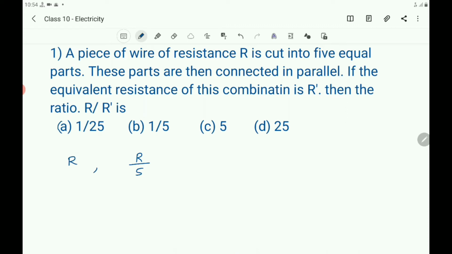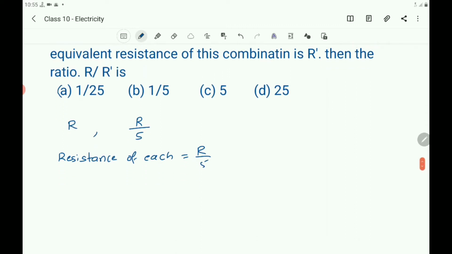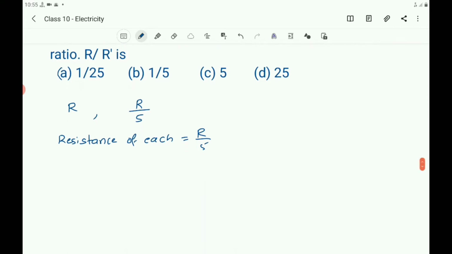So the resistance of each part equals R by 5. Next, the 5 parts are in parallel connection.